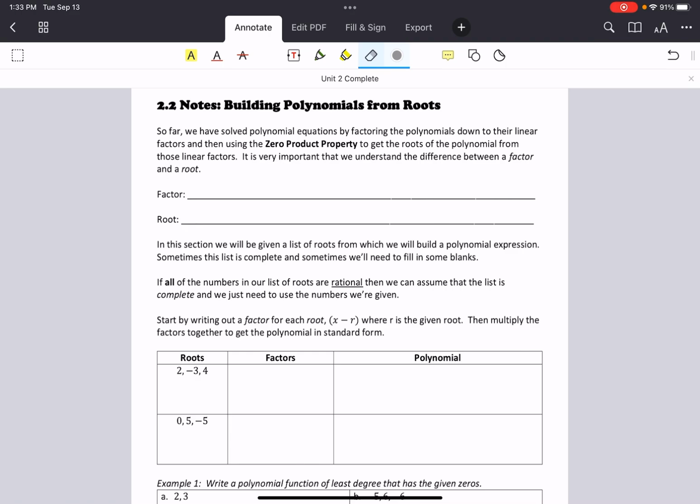So a factor is the equation part of it. Okay, so today we're going to go from factors to standard. So it's the equation part, like the one with the x in it. So x plus 2. The root is what makes the factor 0. You've got to know the difference between those words to understand what we're doing.